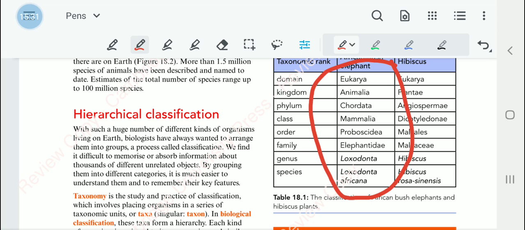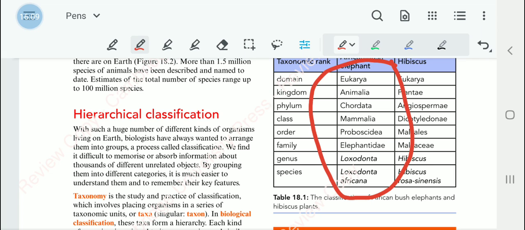So the African bush elephant belongs to domain Eukarya. Then the kingdom is Animalia. The phylum is Chordata, class Mammalia, order Proboscidea, then family Elephantidae, then genus Loxodonta. The species is Loxodonta africana. So that is the species of the African bush elephant. So the genus is Loxodonta.